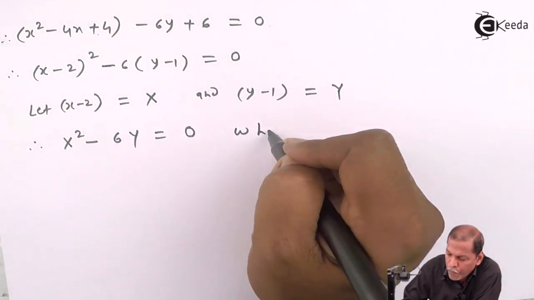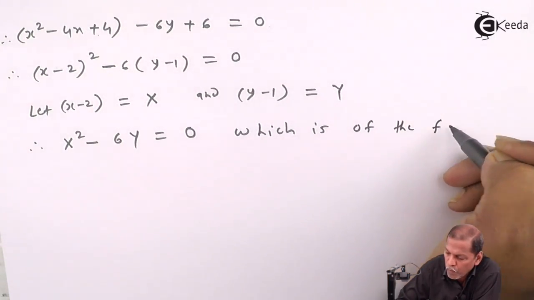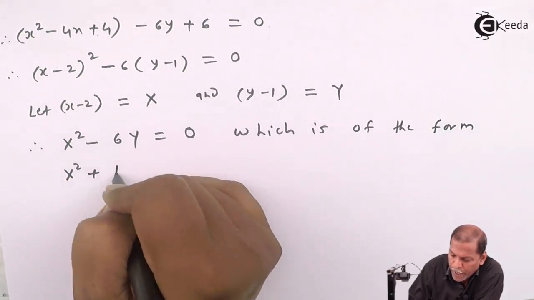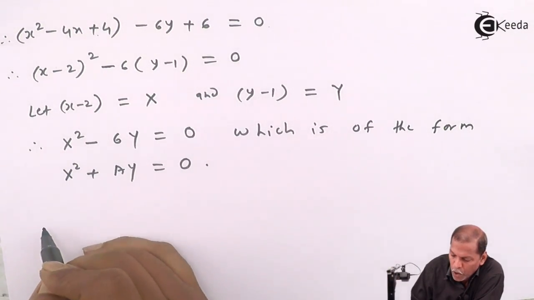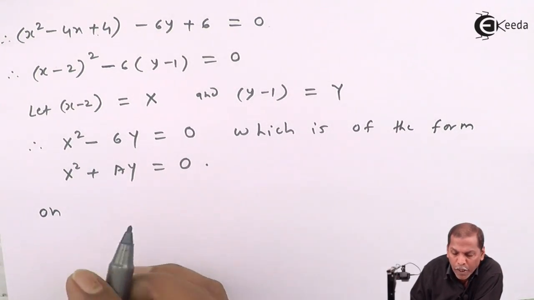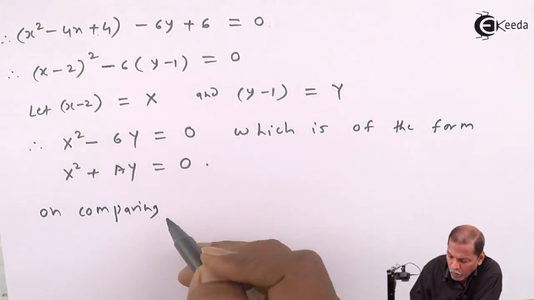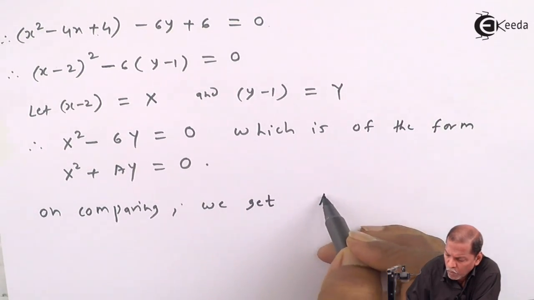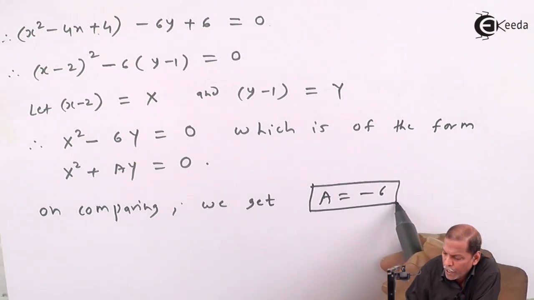So which is of the form capital X square plus aY is equal to 0. On comparing, we get a is equal to minus 6. So in this way, we get the value of a.